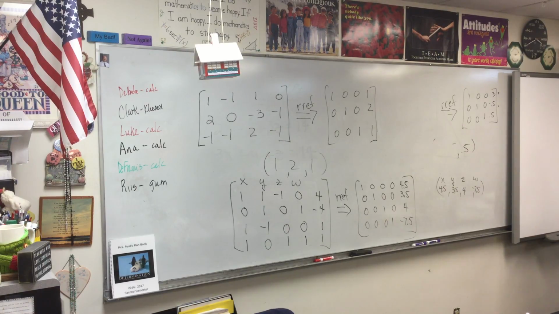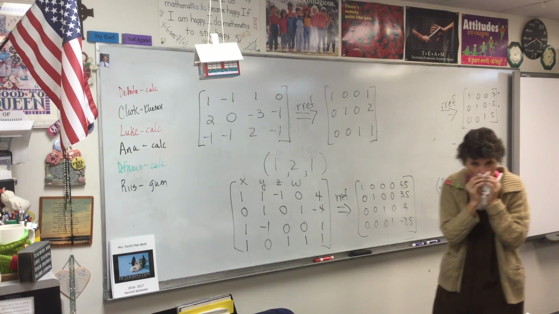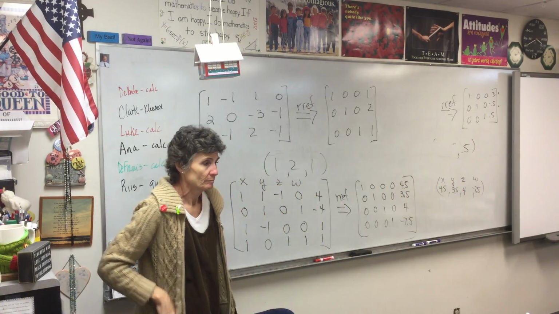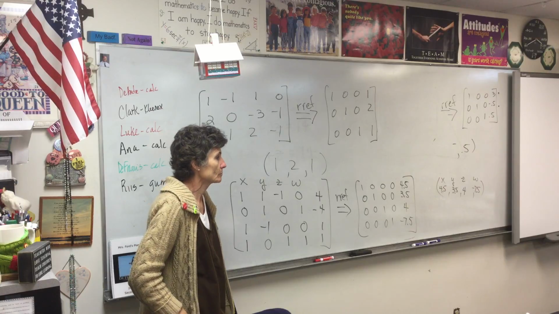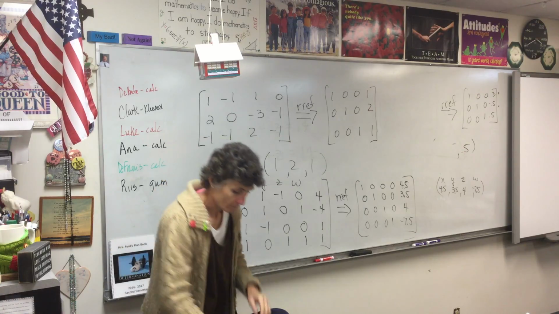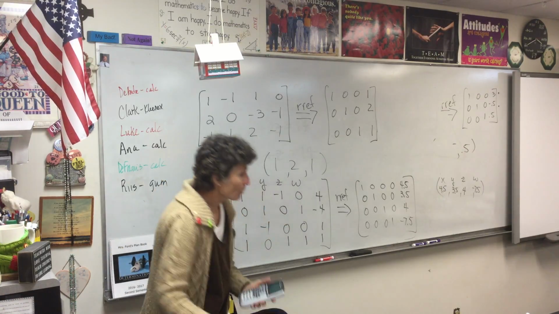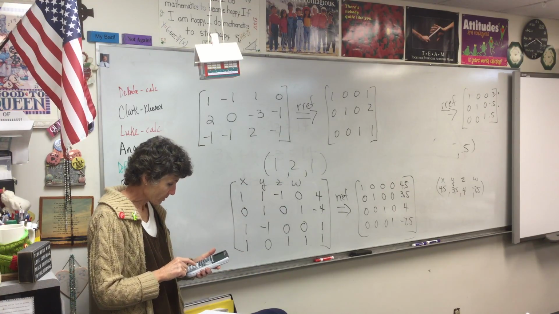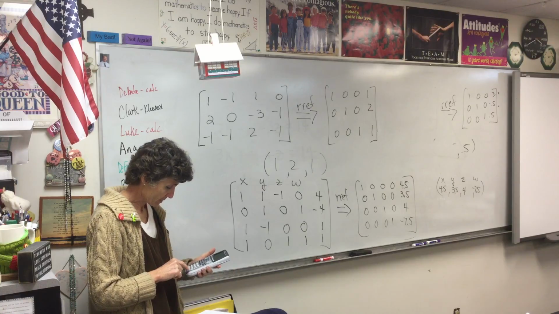What's up, Robbie? Come on, do this problem. Everybody's doing it. Here we go. Robbie, I should not see you sitting there. I should see you pressing buttons. I got it. You already did number 5? Oh, okay.